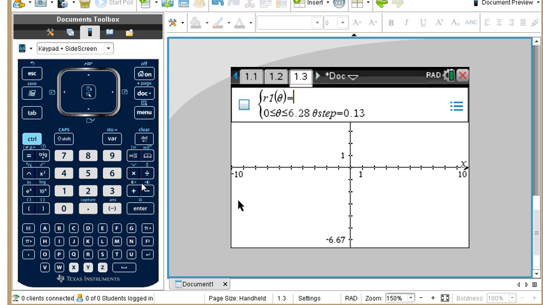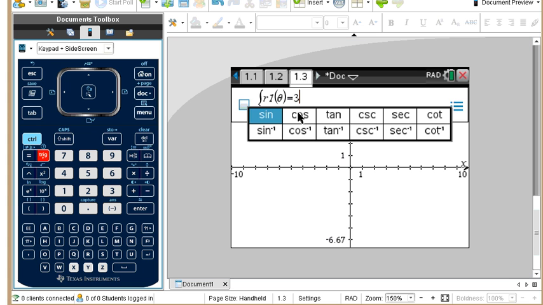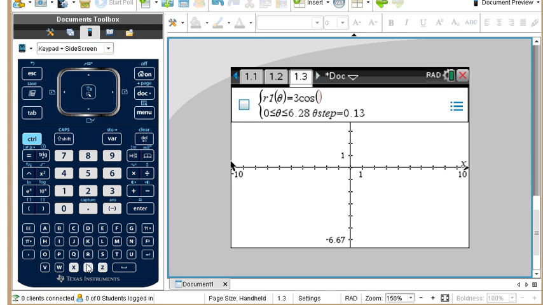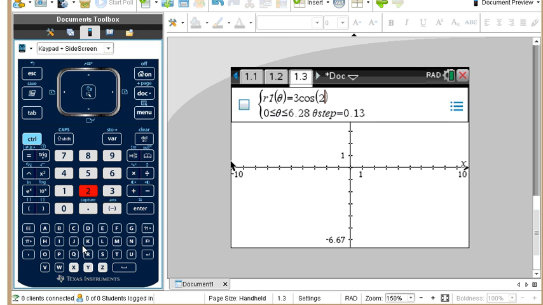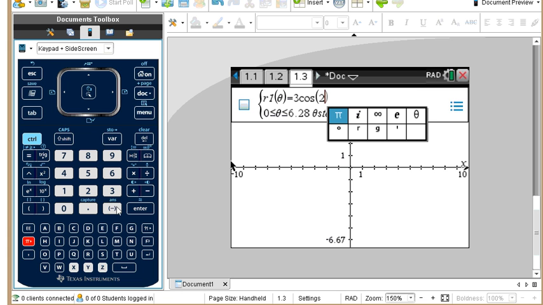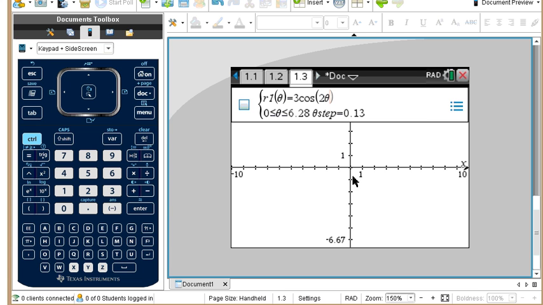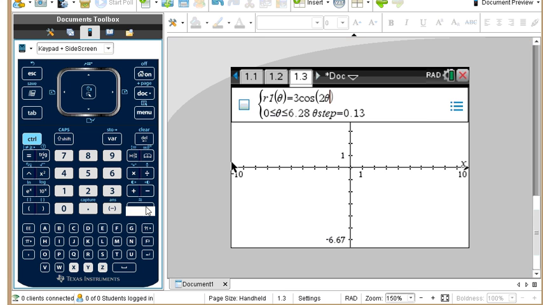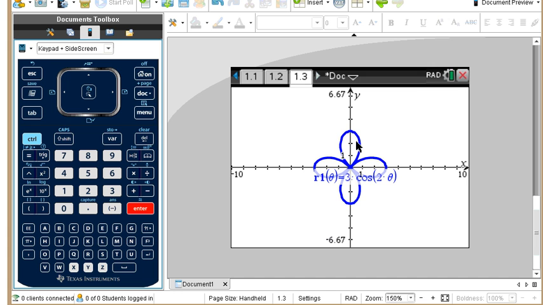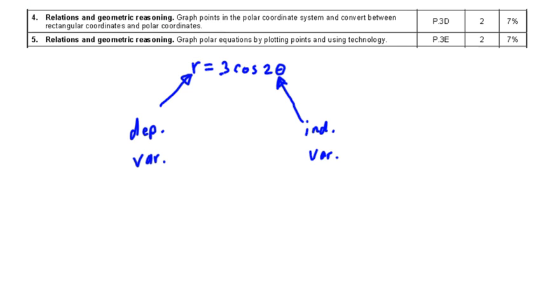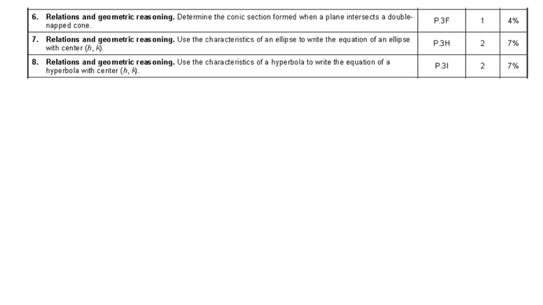So we're going to say r equals 3 cosine 2, and to get the theta symbol, I think that's where we get it. Yeah, there we are. Press this symbol key over the left, press that, so we have 3 cosine 2 theta, and this is what it looks like. This is called a rose curve, a rose petal. So that's the use of technology. It's kind of neat, the patterns we're going to see.